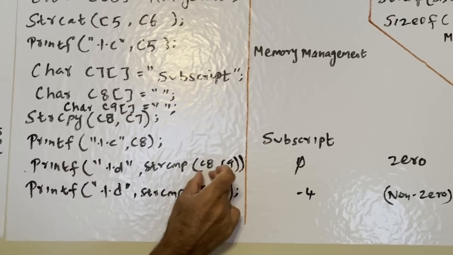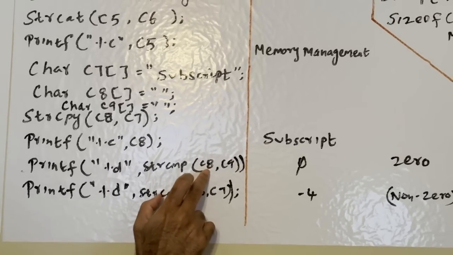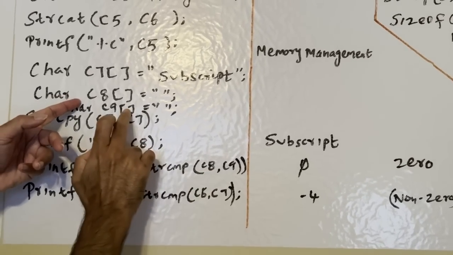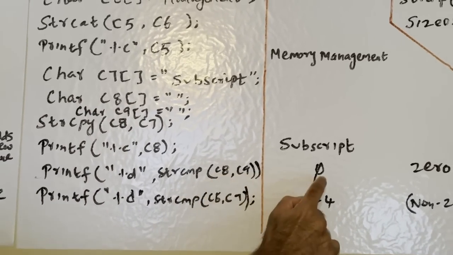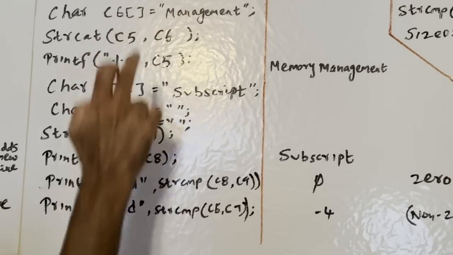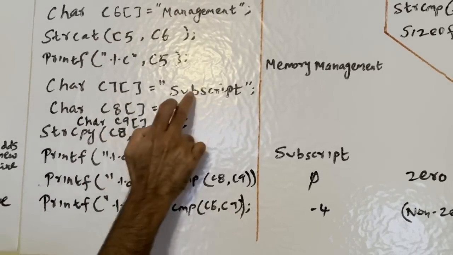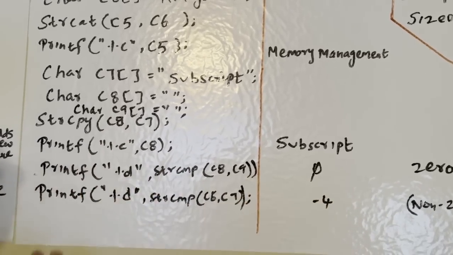So one is empty, one is a string, they are not equal. So the output, what is C9? Okay, C9 is empty, C8 is empty. So both are empty strings, it displays 0. But here C6 is what? Management. C7 is what? Subscript. Both are not equal. So it's displaying a non-zero value.